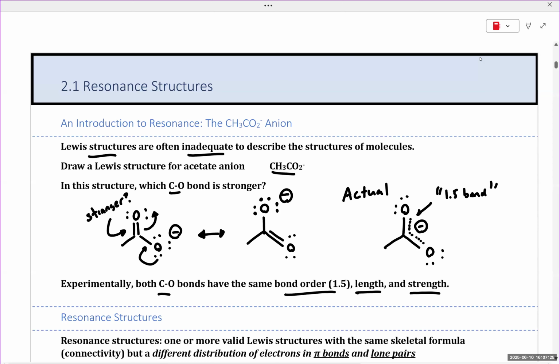Part of the reason why we need to familiarize ourselves with resonance structures to understand bond length and strength is because individual Lewis structures on their own are often inadequate to describe the actual bond length, strength, and bond order that we observe for many molecules.